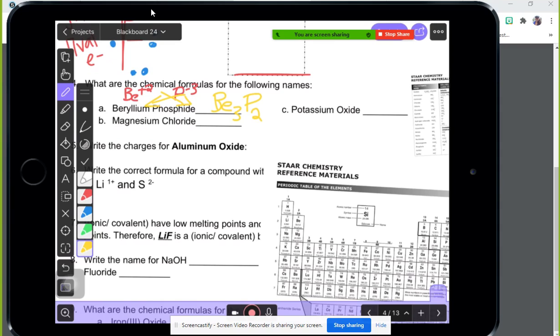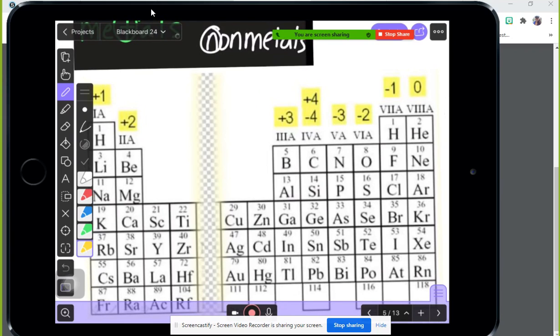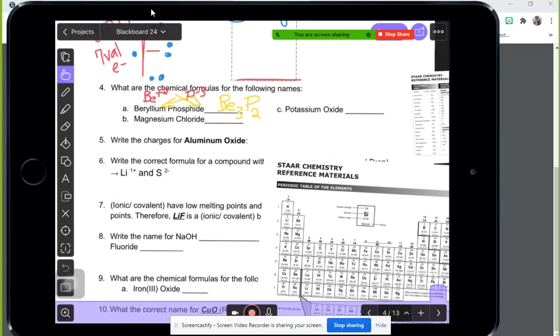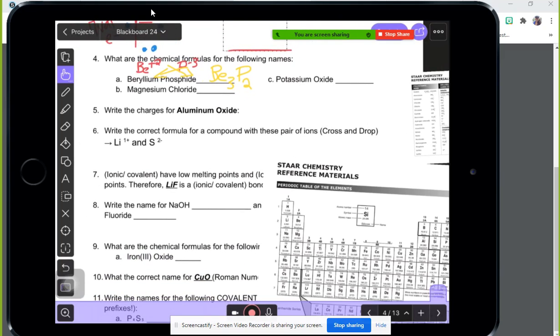I'll rewrite it for y'all later. Okay. All right. So just crisscross your charges for those right there. Okay. Once again, I'm going to keep stressing you have this image on your last page. So do not guess about those charges. Use your resources. We are literally handing you everything that you need. Okay. You just flip the charges. Yep.